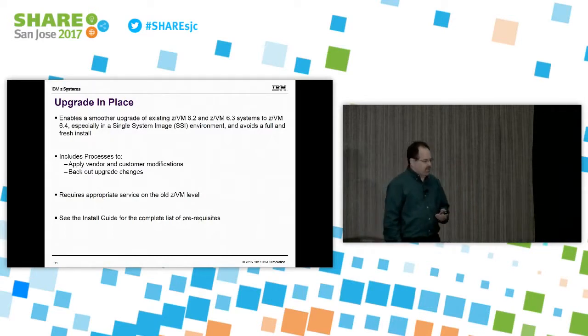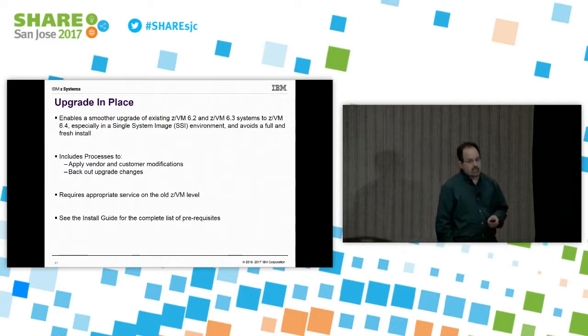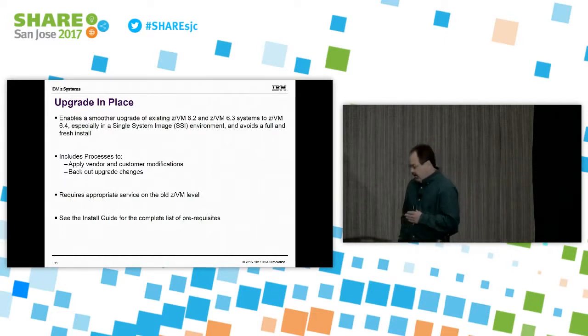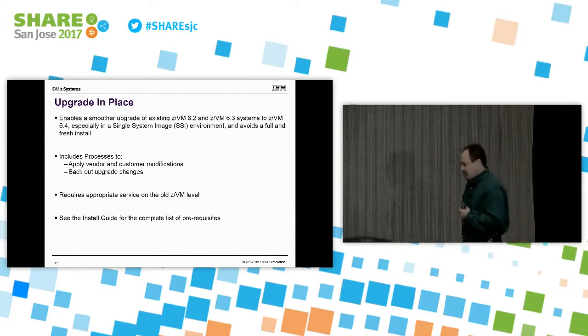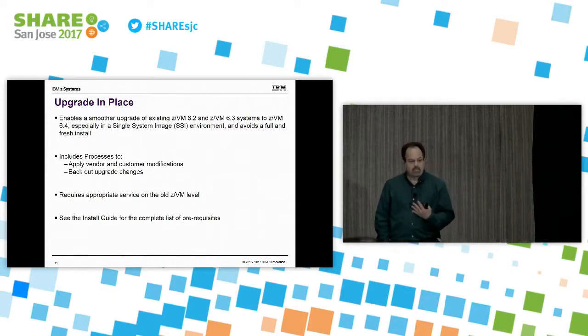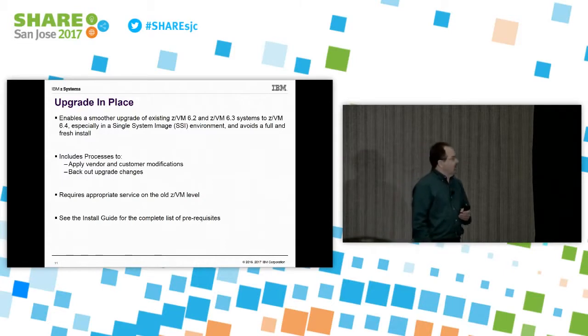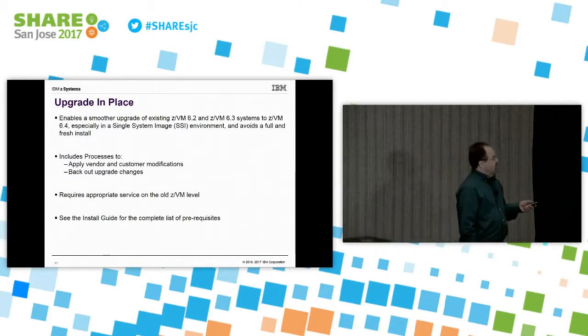Again, it's especially handy in an SSI environment, but a lot of people have found good use for it in non-SSI environments as well. In the process, you can apply mods, both from vendors and your own modifications, and it gives you the ability to back out changes as well. There's service required in order to use upgrade in place.